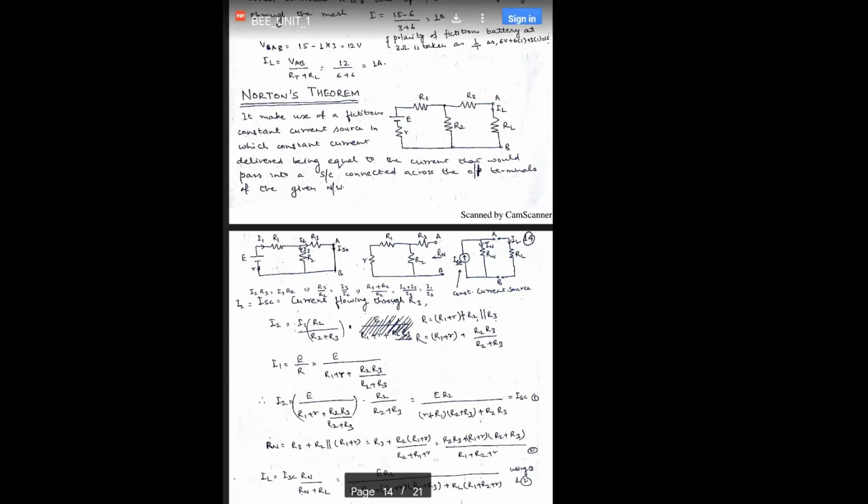Okay, so we will again focus word by word. Fictitious constant current source is clear. So it is a source in which the constant current is being delivered.